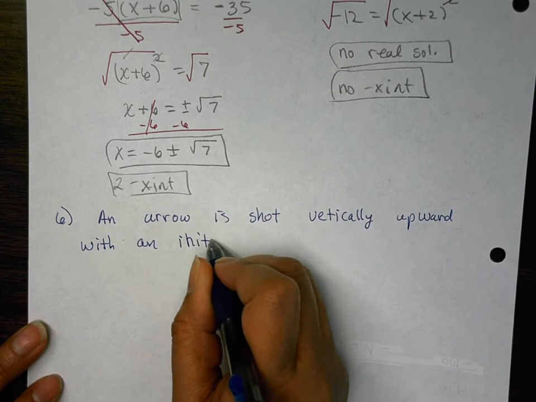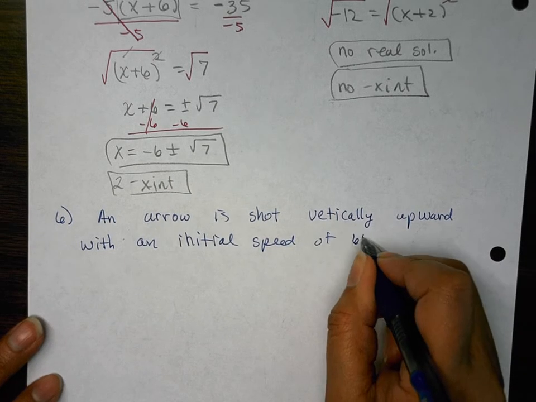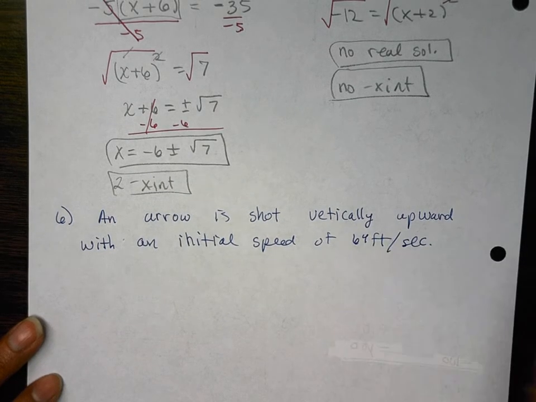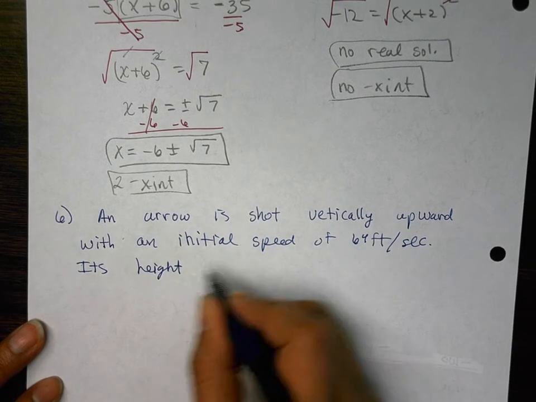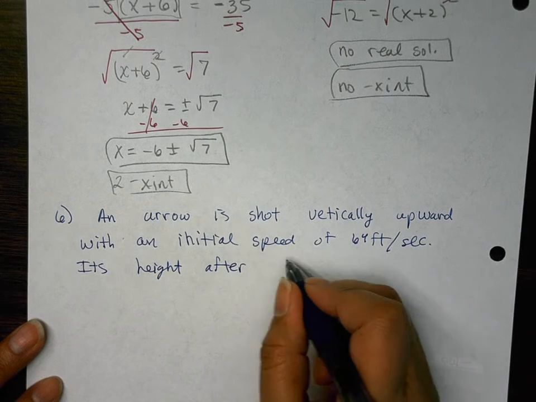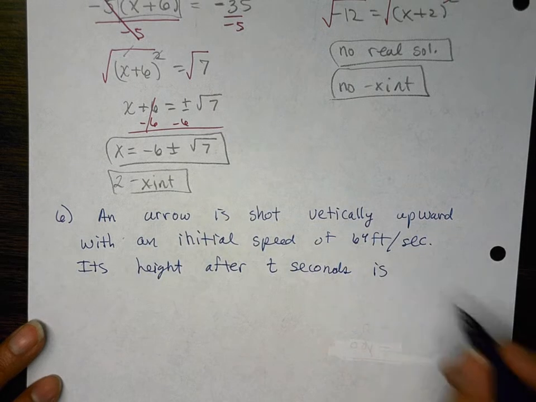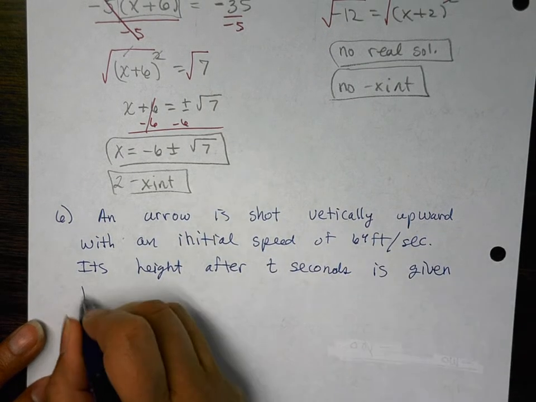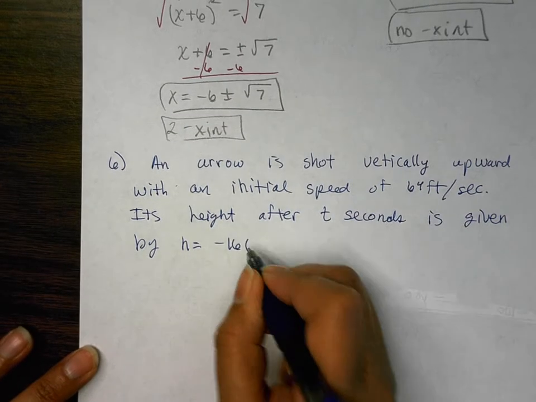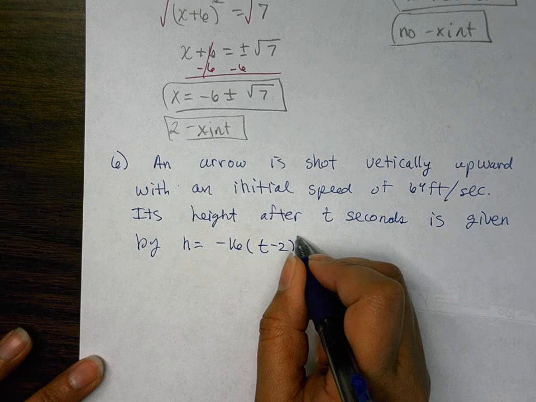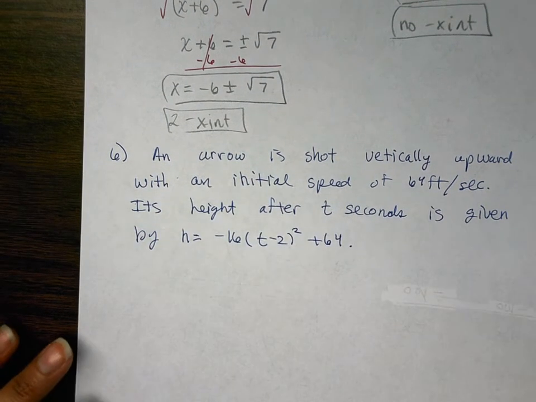No. With an initial speed of 64 feet per second. Its height after t seconds is given by, is everybody writing it down with me? H equals negative 16 parentheses t minus 2 squared plus 64, period.